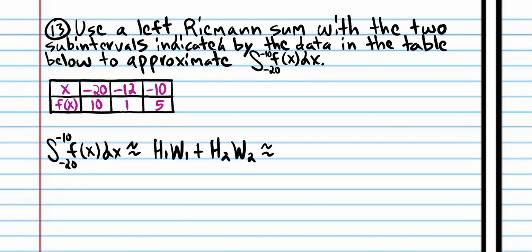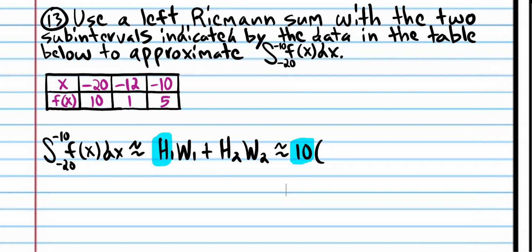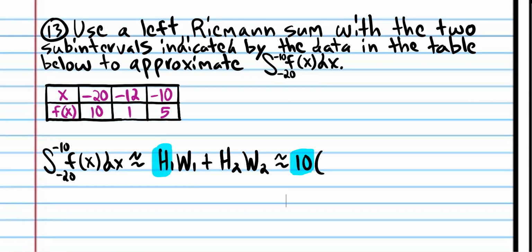And because we're using a left Riemann sum, we're going to start with this number, as opposed to a right Riemann sum where we would start with this number. So we have 10 times the width of the first rectangle. Now, you have to be careful when we're moving from negative 20 to negative 10.